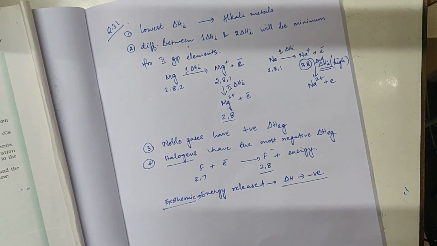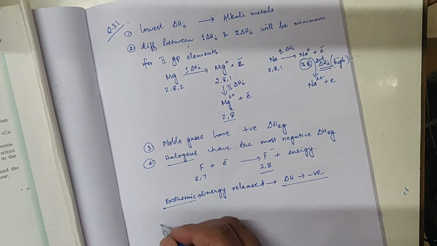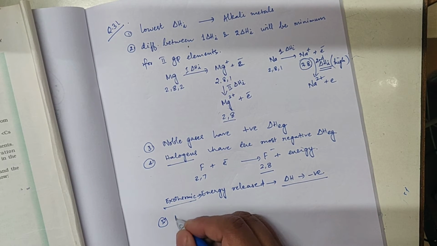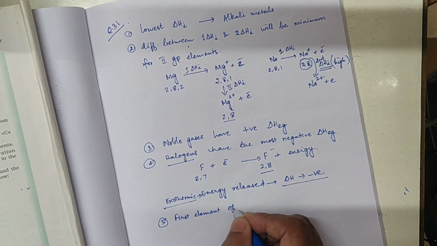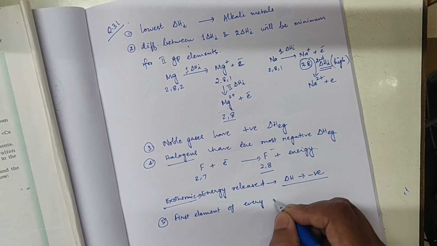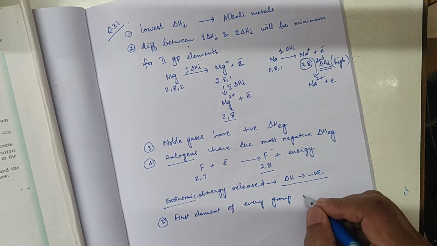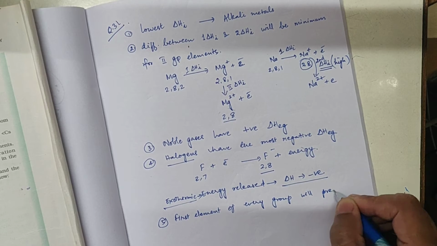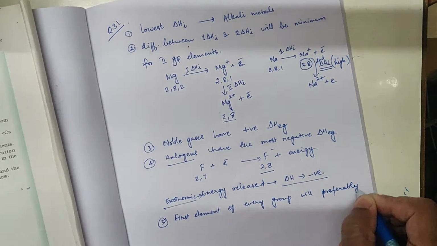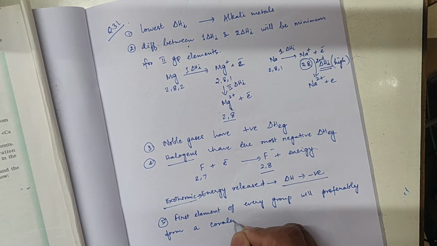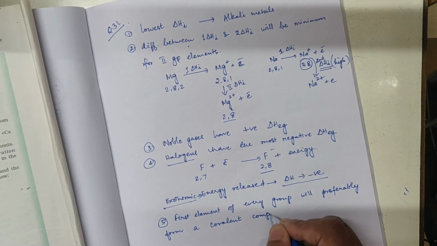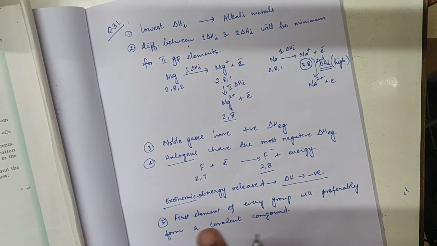Now apart from this, one more I can say, that is the first element of every group will preferably form a covalent compound, because the first element in a group is the smallest in size, and if the size is small, tendency to lose is difficult.